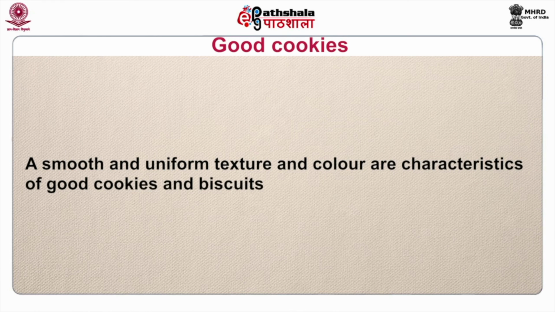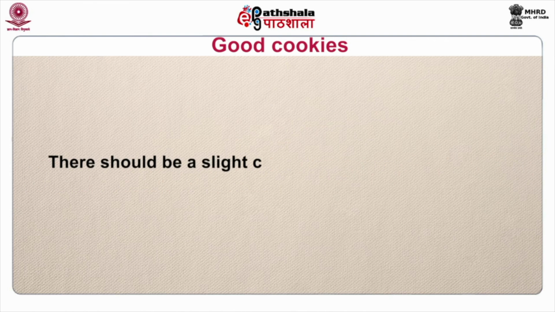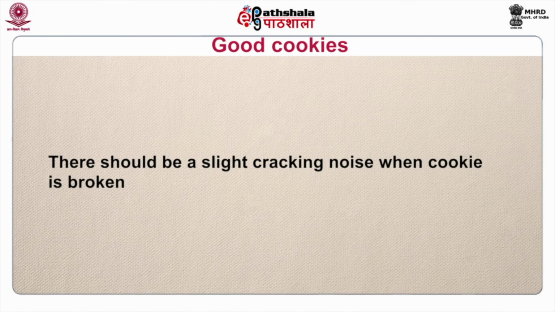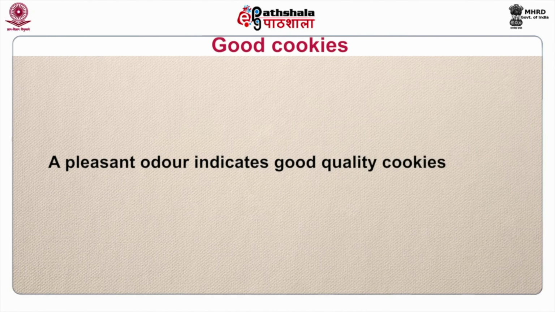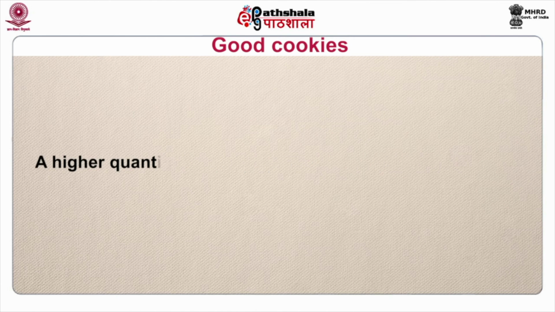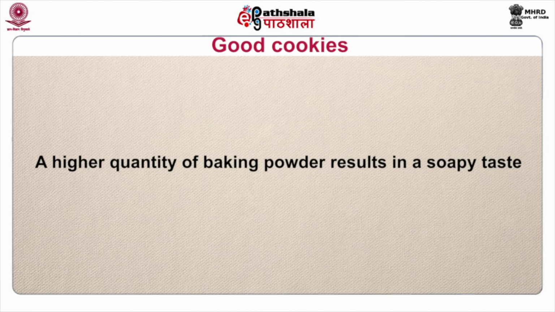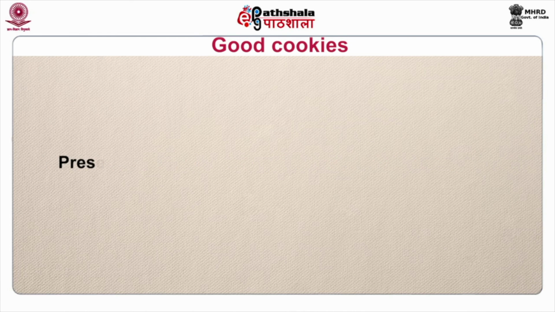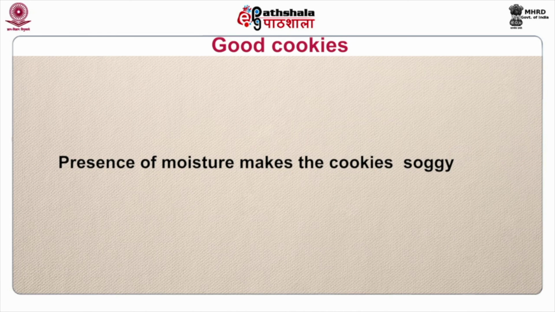A smooth and uniform texture and color are characteristics of good cookies and biscuits. There should be a slight cracking noise when a cookie is broken. A pleasant odor indicates good quality cookies. Cookies should have their own characteristic taste. A higher quantity of baking powder results in a soapy taste. Presence of moisture makes the cookies soggy.